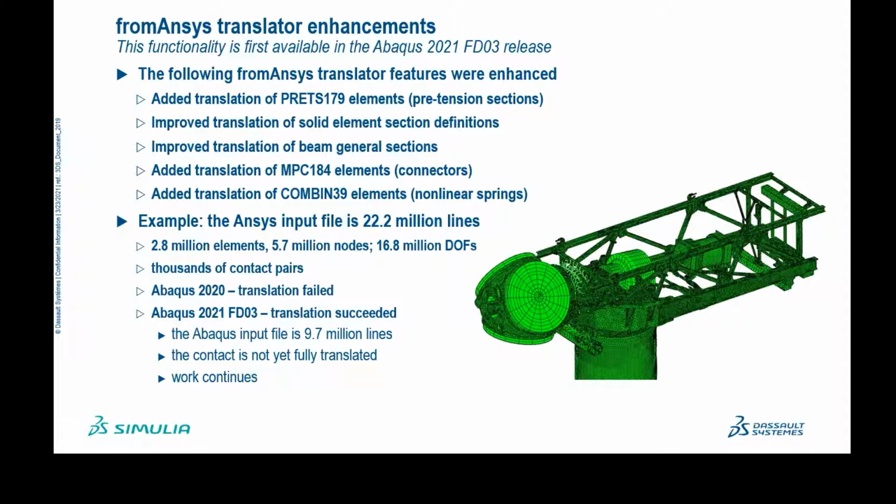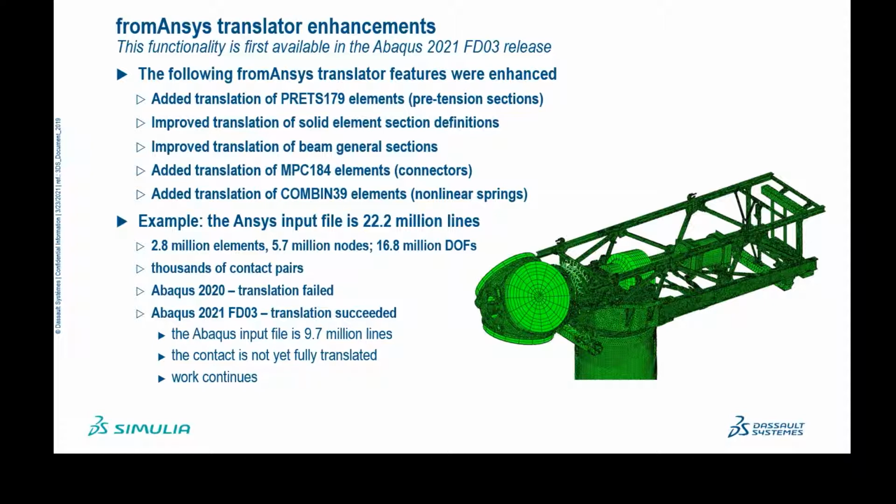In the example depicted here, we're talking about an Ansys model that has 2.8 million elements, 5.7 million nodes, and 18.6 million degrees of freedom, with 22.2 million lines as part of the Ansys input file definition, with thousands of contact pairs.